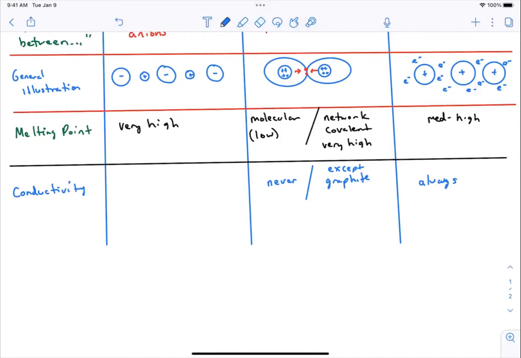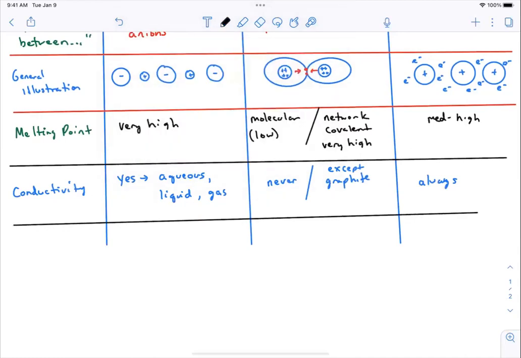And ionic are only conductive when they're dissolved in water, liquid, or a gas. In their solid state, they do not conduct electricity. And that is a defining characteristic between a solid metallic compound versus a solid ionic compound: the ionic compound will not conduct electricity. So that's one of the descriptions you can use to differentiate between unknown compounds.